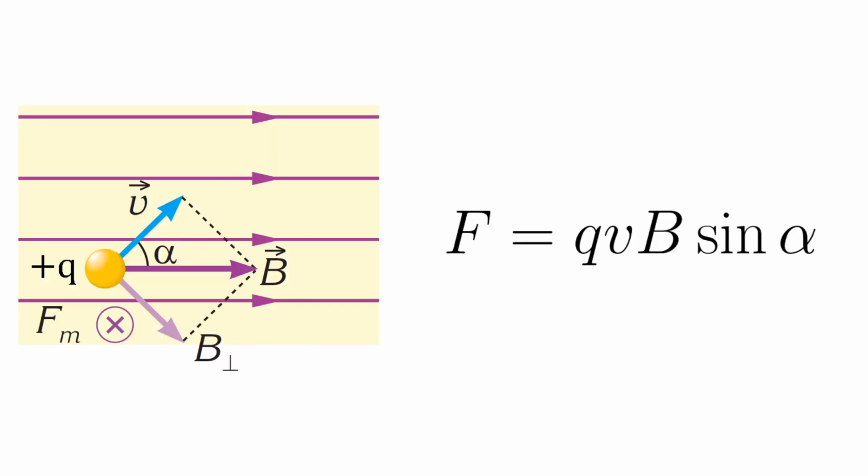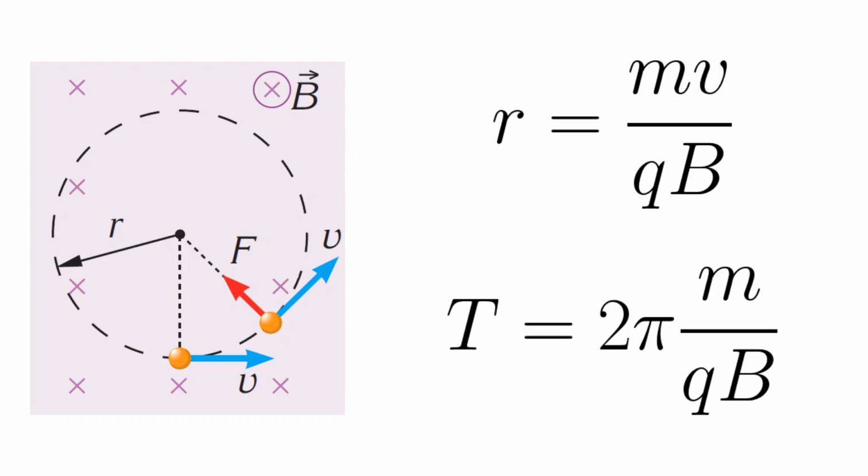Now before we start solving problems, it will be useful to recall the last topic. So this is the Lorentz force and this is the force acting on a moving charge. And also this is the type of motion the charge performs when the velocity and the magnetic field lines are perpendicular.